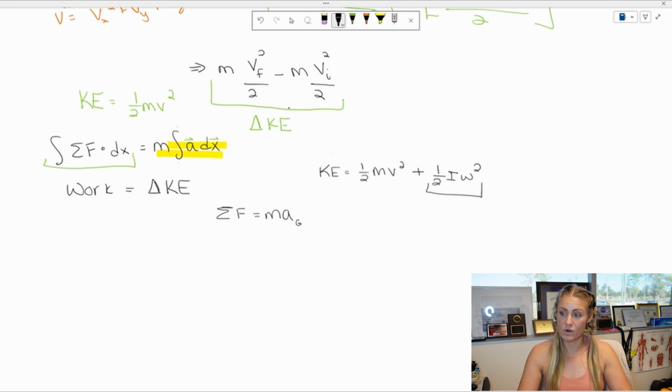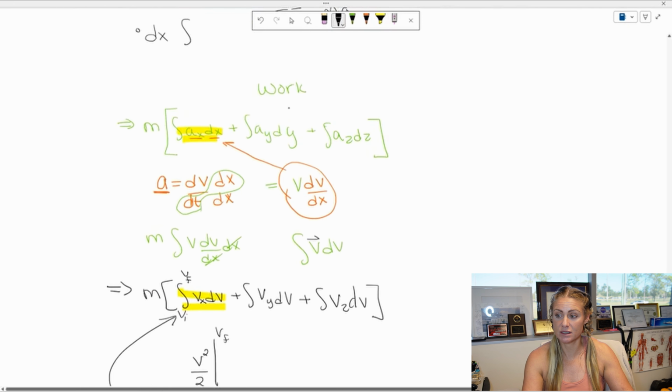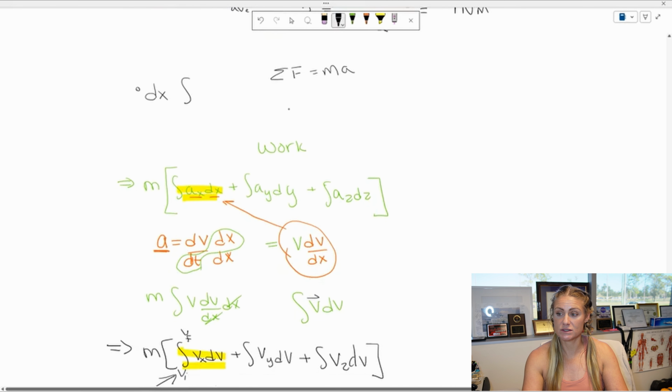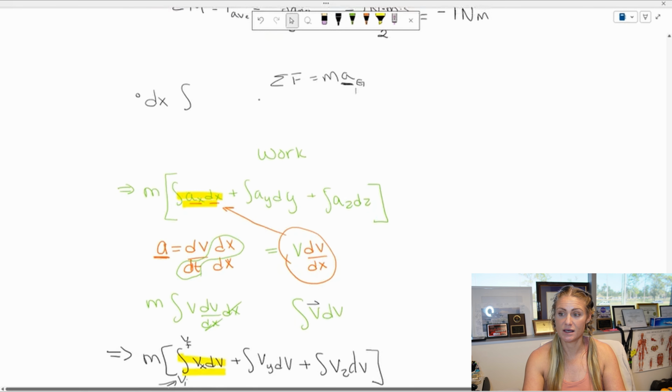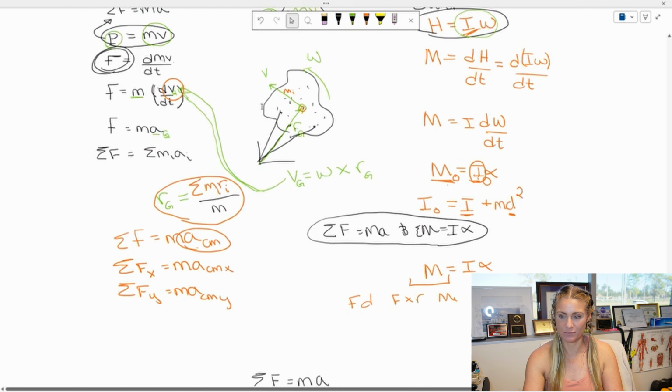We also want to be careful and recall that this V is V of the center of mass, because all the way up in the very beginning, we did the weighted position equation.